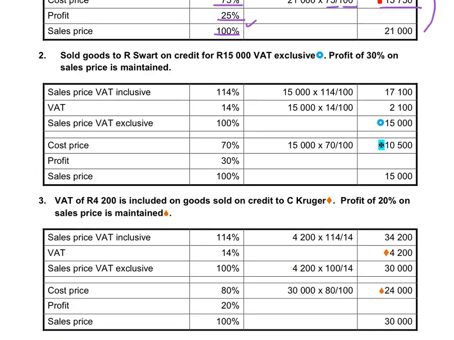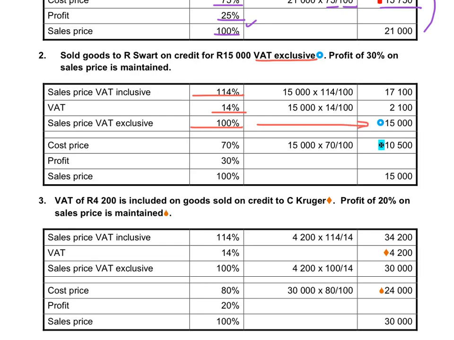Sold goods to R. Swart on credit for 15,000, VAT exclusive. So the VAT is not included in the 15,000. The sales price including VAT is 114, VAT is 14, and the sales price excluding VAT is 100%. And that equals the 15,000 that's given to us.